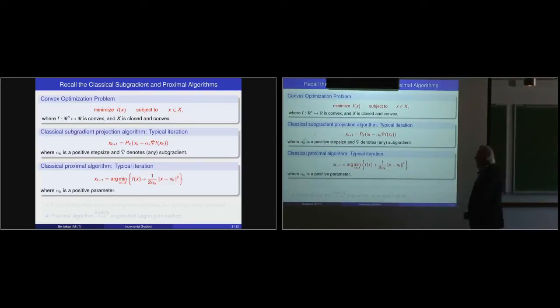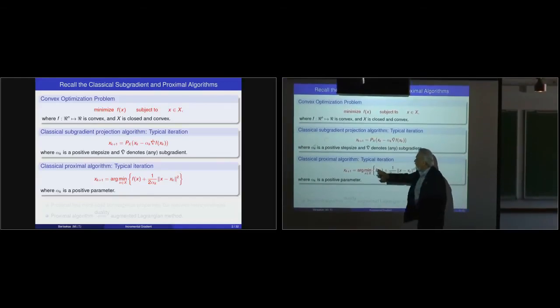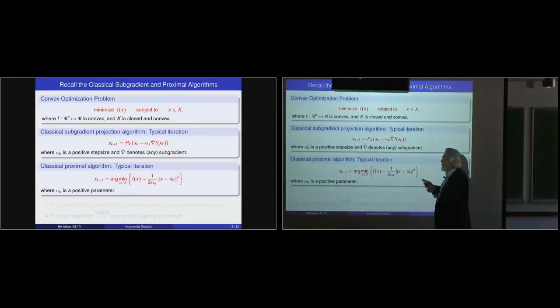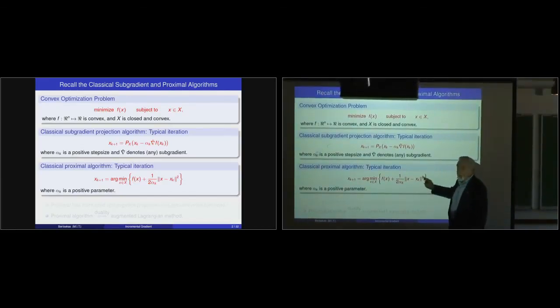Okay, now there's another classical algorithm which has become very prominent in convex optimization in the last 30 years or so, and this is the so-called proximal algorithm. Here, instead of calculating a gradient or subgradient of f, we minimize it directly, but we also regularize it. We add a regularization term to f that is centered at this current point xk.